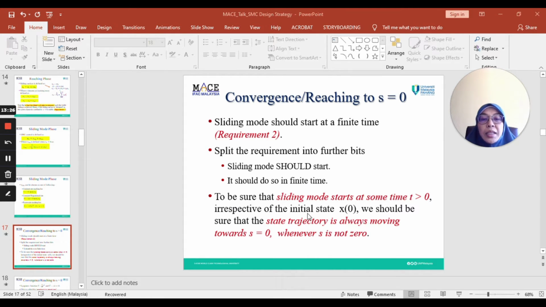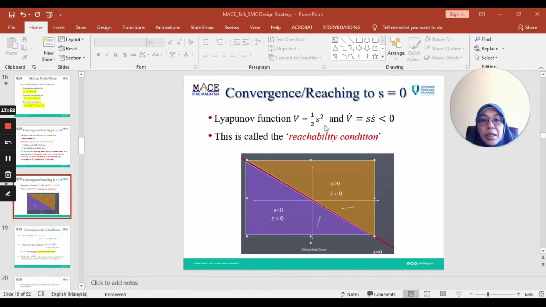To be sure that the sliding mode starts at time t greater than 0, irrespective of the initial state of x at t equal to 0, we should make sure that the state trajectory is always moving towards S equal to 0 whenever S is not 0. This is very important.